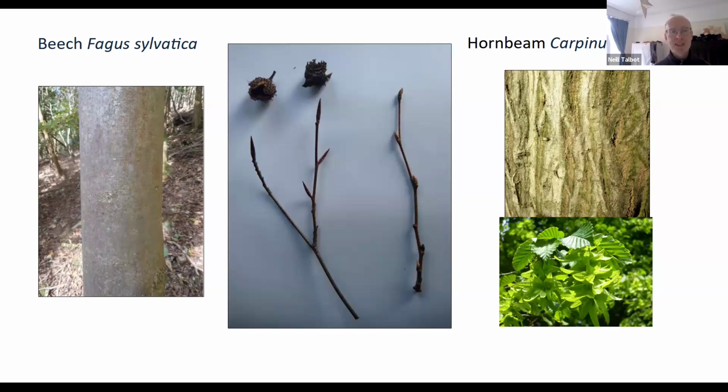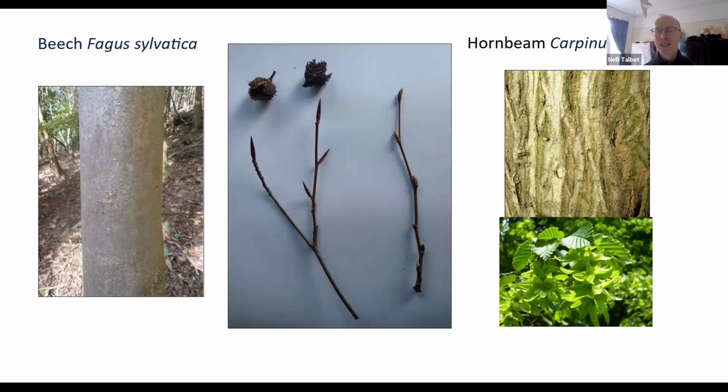And then another key difference is the beech has very smooth greyish bark, which stays smooth until they become a veteran tree. So most trees, even very large ones, will have very smooth bark, whereas the hornbeam is quite distinctive.